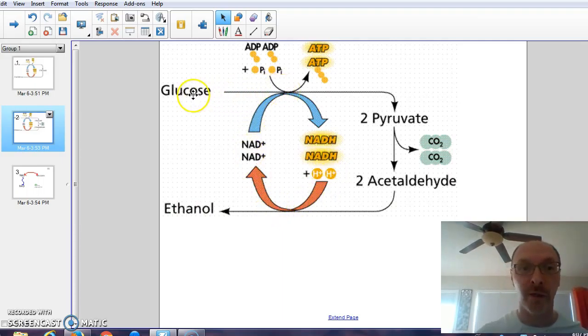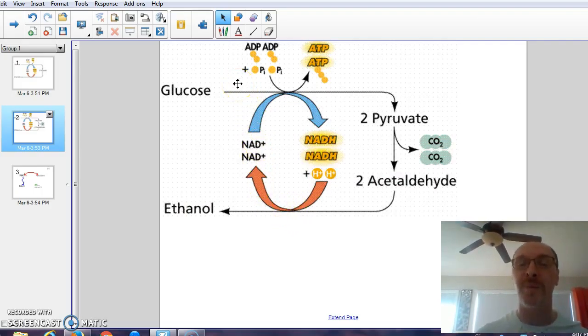So again, real quick, glucose becomes pyruvate, NAD becomes NADH, and we get some ATP. That's glycolysis. But the pyruvate then gets changed into acetaldehyde by the removal of carbon dioxide. The acetaldehyde accepts electrons from NADH and gets changed into ethanol. The NADH gets recycled back into NAD, and then we start all over again.